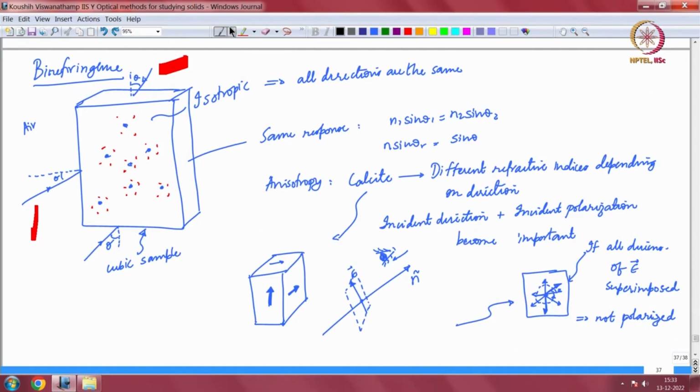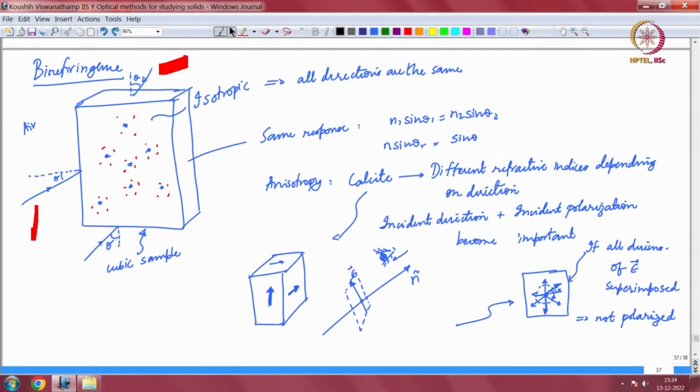That means the refractive index is independent of the direction, independent of what direction the electric field is in, what direction the propagation is in, and so on. So this is the isotropy that you see in most materials. Now anisotropy comes up when you have some specific orientation of atoms in a crystal, for example calcite. Depending on which direction the light is coming in with respect to the orientation of the atoms in the structure, you are going to have different types of responses.